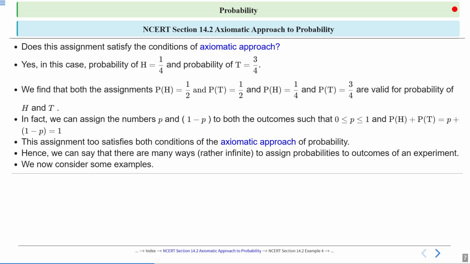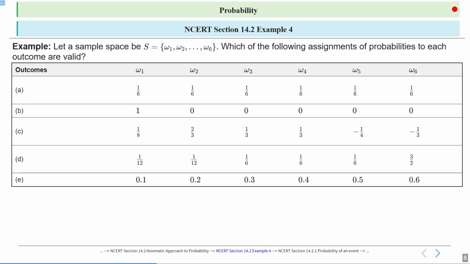Okay, students, so now let's take an example. Look at example number 4. First read the example very carefully, and see what we have given in the table. So let a sample space be S equal to omega 1, omega 2, up to omega 6.